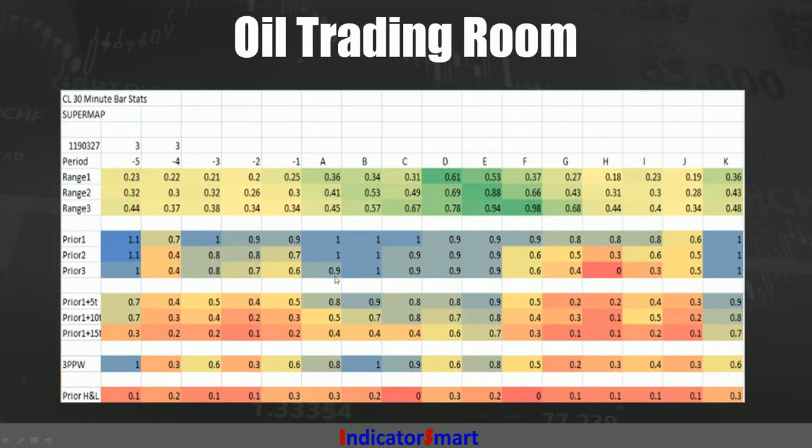The prior 3, 90%, 100% on the prior 1 and the prior 2 30-minute periods. And then we also know how much it's going to do it by. For example, it's going to break the prior 1 by 5 ticks historically, 80% of the time in this part of the table right here.